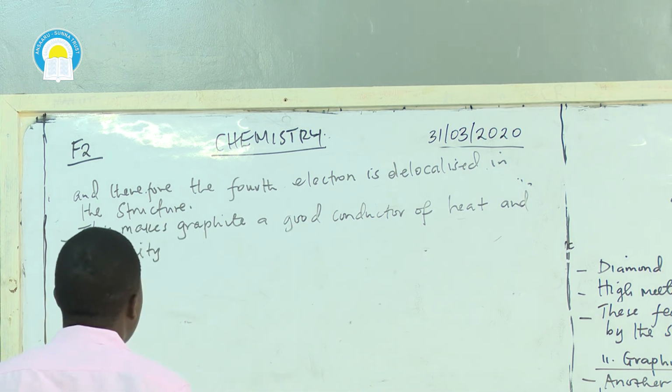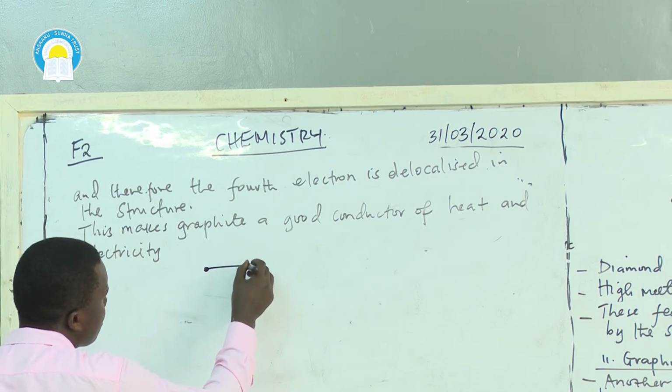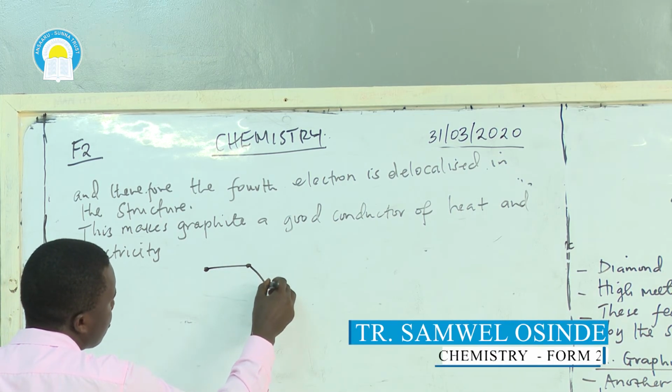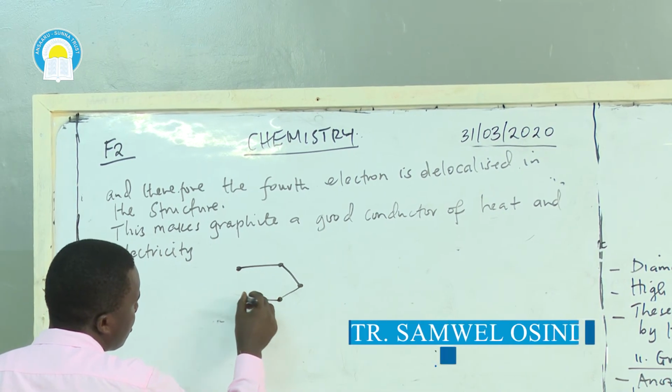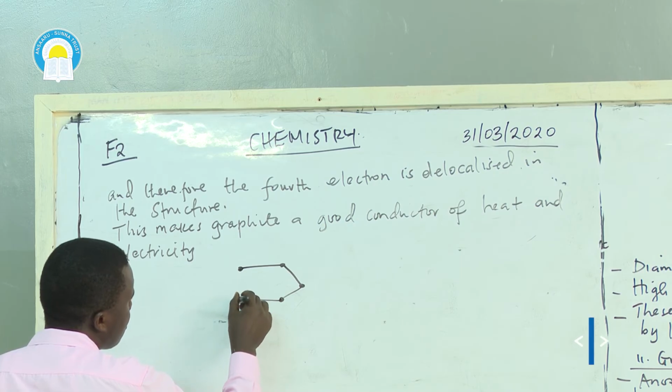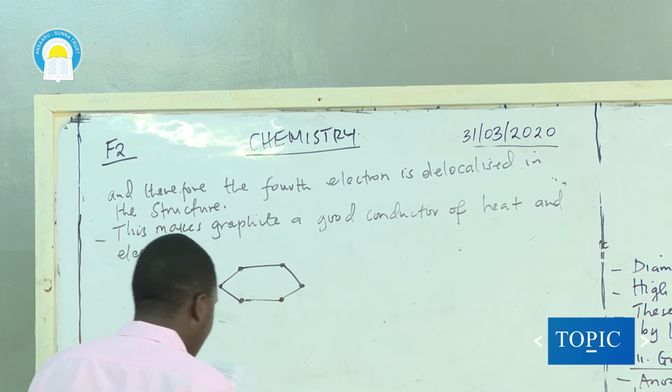So if you want to draw the structure of graphite, the hexagonal structure, so that's 1 layer.